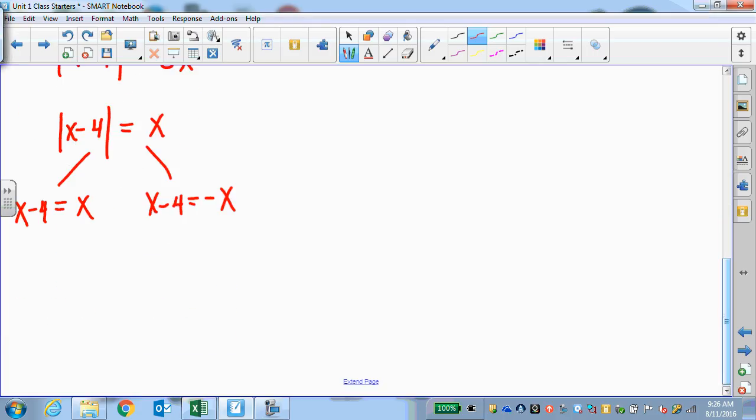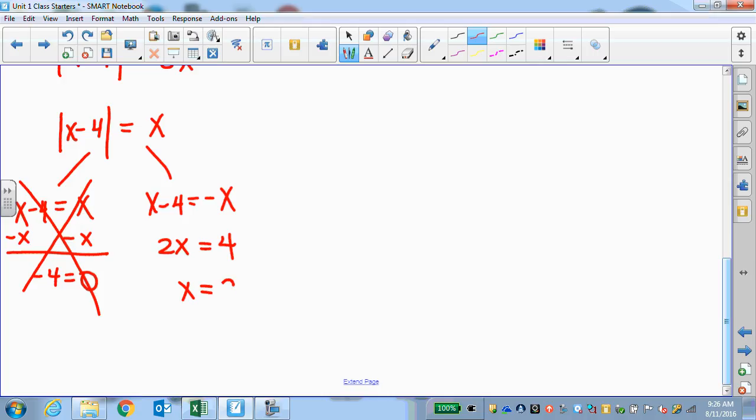All right, so if I solve this equation, I'll subtract x from both sides, which leaves me with -4 equals 0. Well, that doesn't make any sense, so forget that one. And then over here, I'll add the x over. That's going to give me 2x. I'll add the 4 over, and so x must be 2.